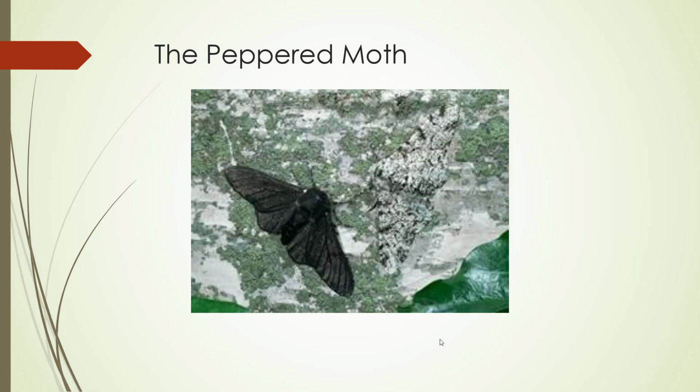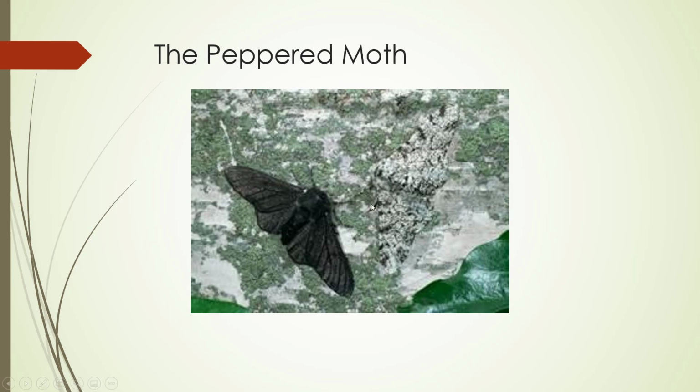Okay, so basically here's what happened with this. The Industrial Revolution was in the 1700s. What does that mean? That's when people started mass producing stuff in factories and producing a lot of air pollution while they were doing it. So before that, this is a tree, and trees used to have lichen on them. This is in England, by the way.